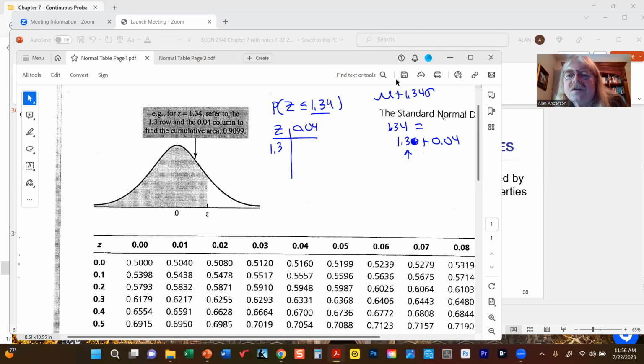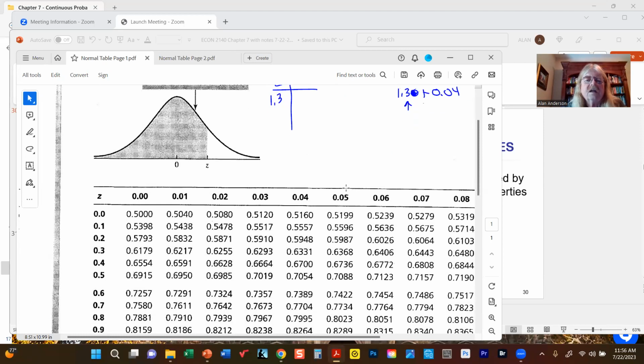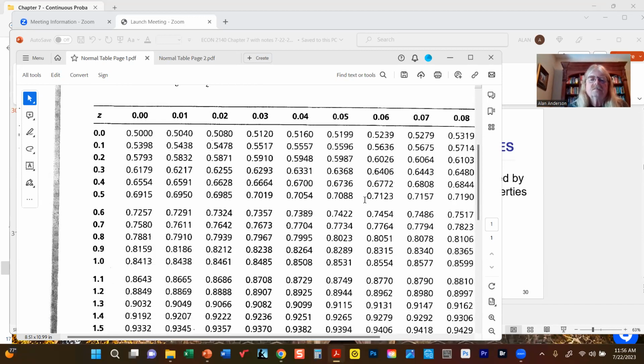I'm not even sure if there's an eraser on this PDF. I'll find it later. But anyway, I'm not going to reproduce this whole table, but if you look carefully at the intersection between that row 1.3 and the column 0.04, where they intersect is 0.9099.